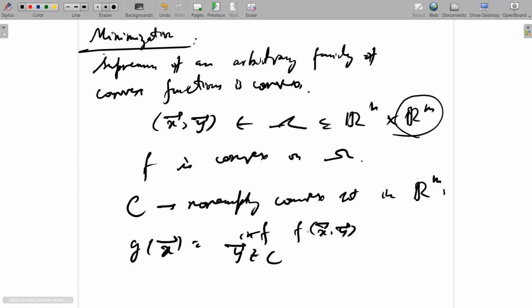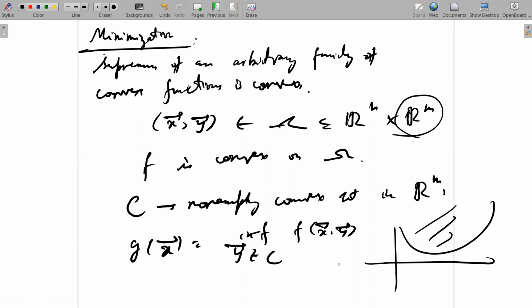For example, if this was R cross R, like you are in 2 dimensions and you have a convex function, then you're taking a slice in, let's say, the direction y, and that slice will again be a convex function. And you're taking the infimum along all the points here. Each slice is convex, that is obvious, but then you're taking the infimum of all those convex functions.